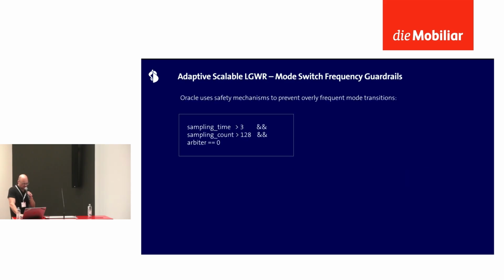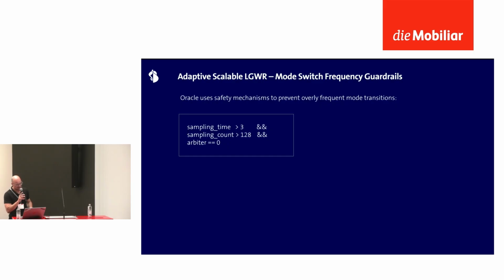And the evaluations are also protected by guardrails, so we do not want to have LogWriter keep on flipping back and forth between single and scalable mode. And the guardrails are based on sampling. There's a time guardrail, a count guardrail, and an arbiter.